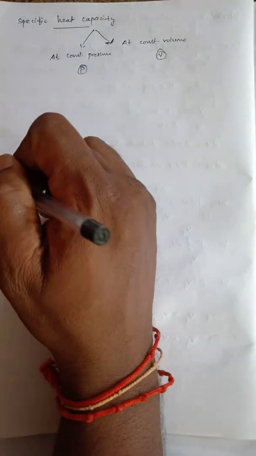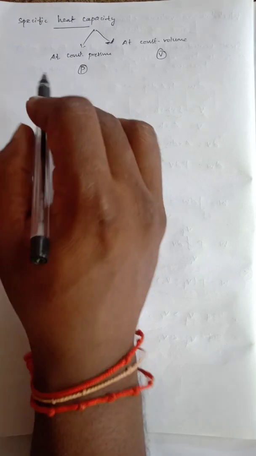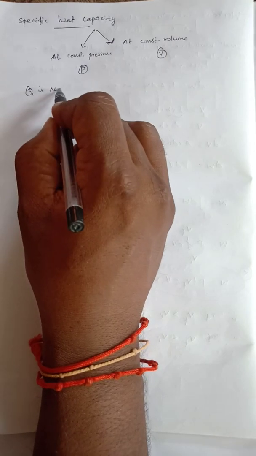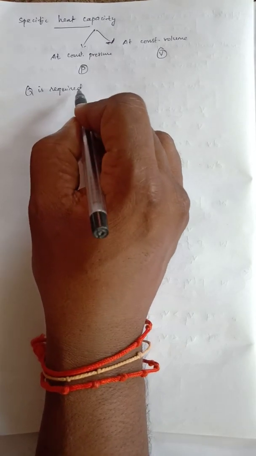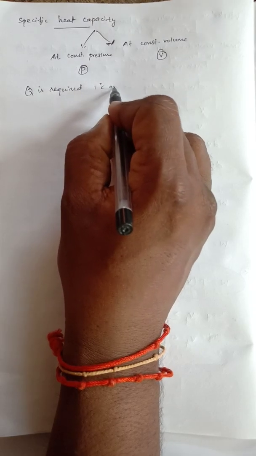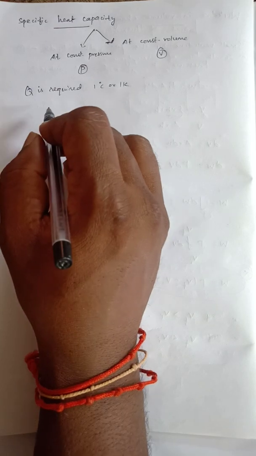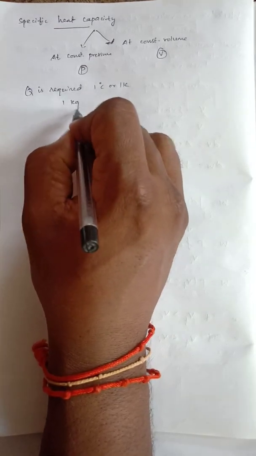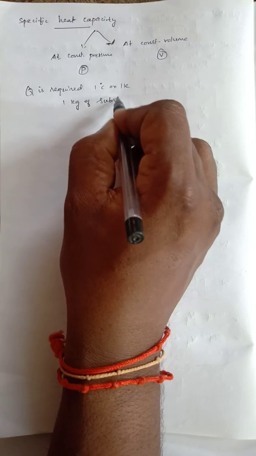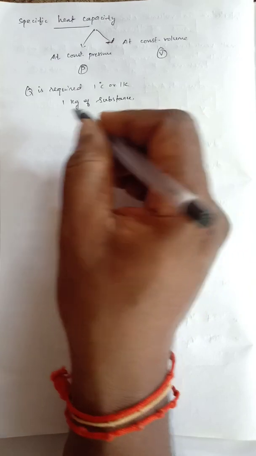Here the amount of heat energy, symbol Q, required to raise the temperature of 1 kilogram of the substance by 1 degree Celsius or 1 Kelvin, that is the meaning of specific heat capacity.